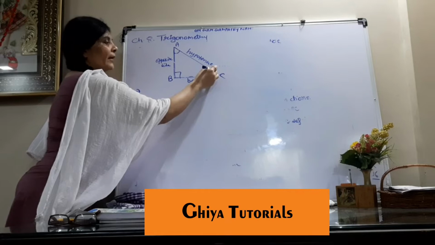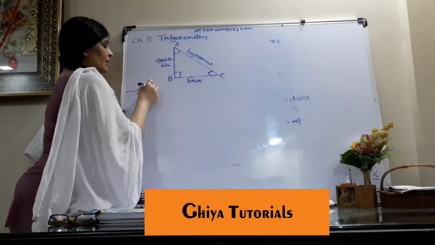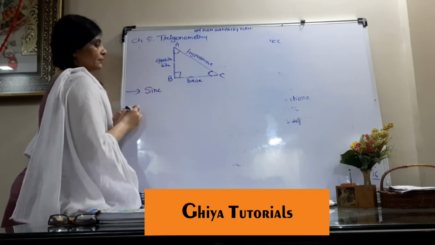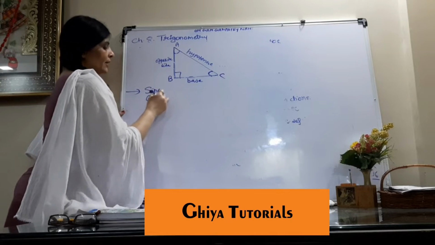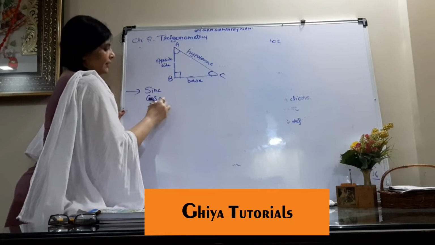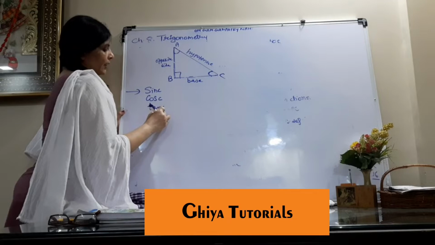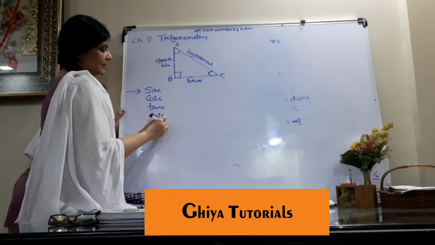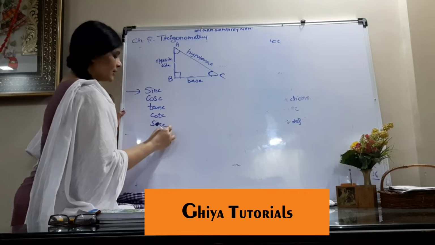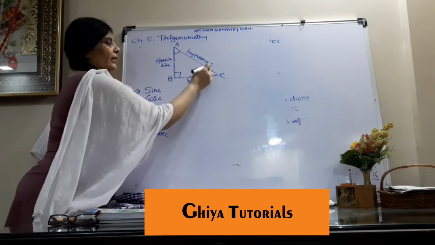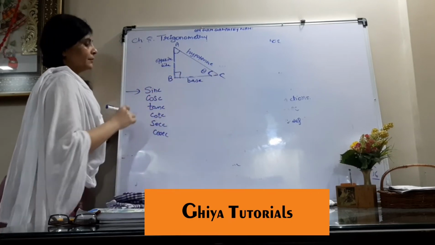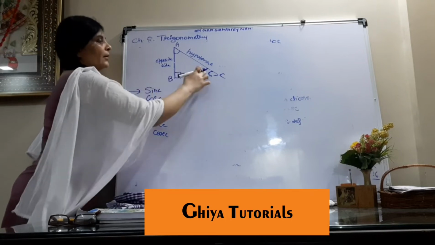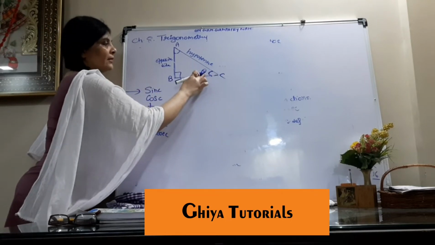If you want to find angle C, we can ask what is sine C? You have to find sine C, cos C, tan C, cot C, sec C and cosec C. You can even name this angle as theta, meaning the value given for angle C.